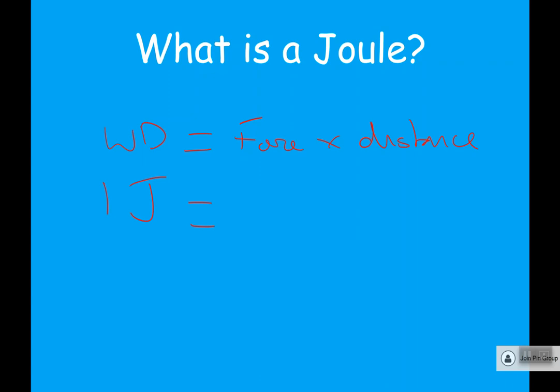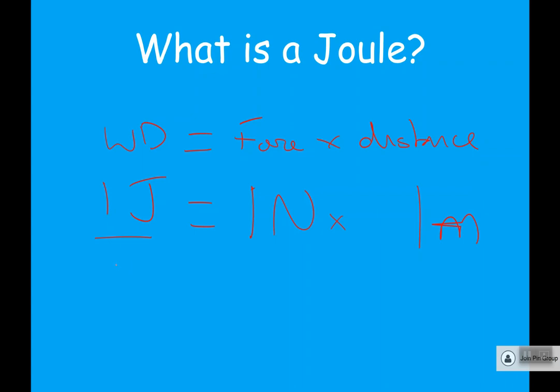What distance would it need to be over? Well, it's quite simple. If you wanted an answer of 1, you make this number 1 and this number 1. So if you wanted 1 joule of work to be done, you need a force of 1 Newton moving an object by 1 meter. So that is what a joule is. It's where 1 Newton of force acts on an object for a length of 1 meter, and it's how much energy is transferred in that time.